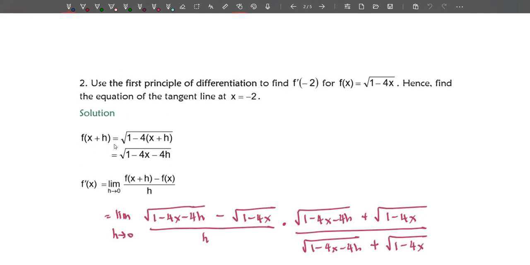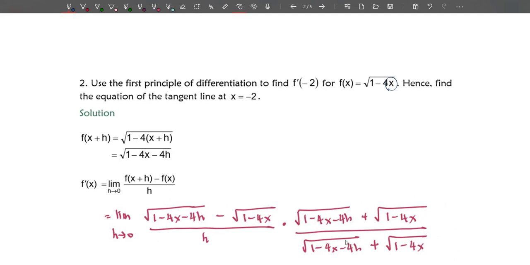f(x plus h) is equal to the root of 1 minus 4 in bracket here. Replace x with x plus h, and then expand. And hence we have the root of 1 minus 4x minus 4h. I have my own reason why you need to write f(x plus h) first and expand it before you determine f prime x, because it will be much easier this way instead of having too many brackets in our solutions later on.